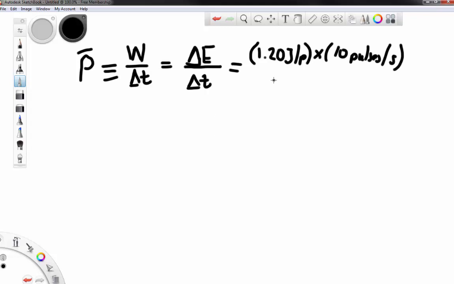That 10 pulses per second, that per second is where the delta T comes from. The delta E is how many joules per pulse and how many pulses are delivered in that second. So this means that the average power is 1.2 times 10, or 12 watts.